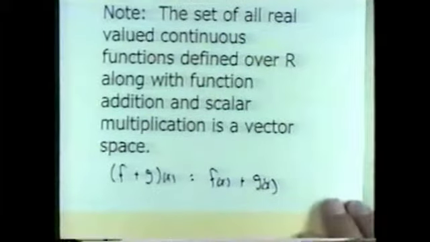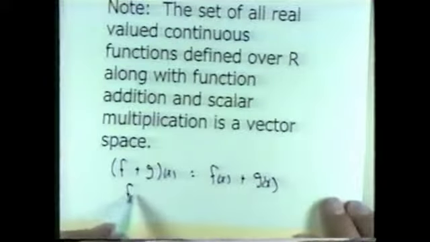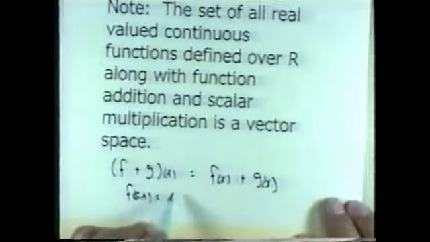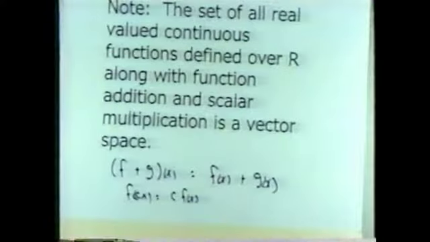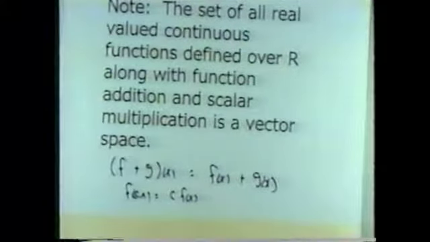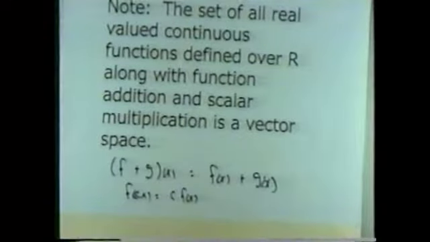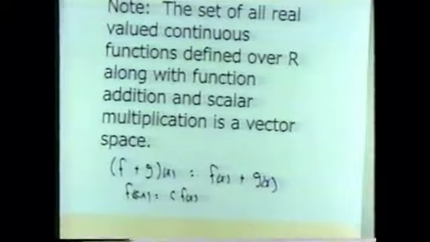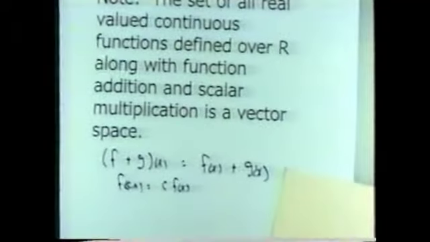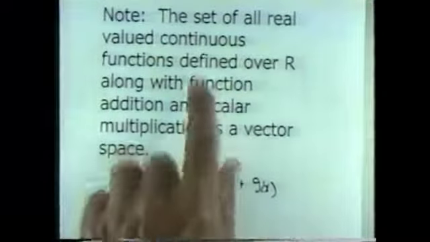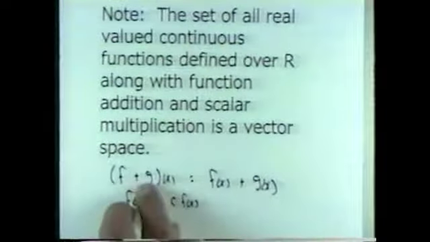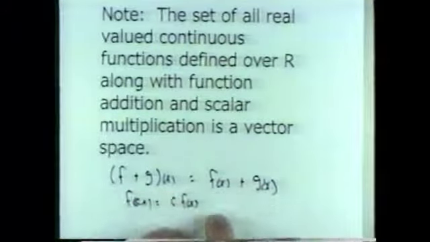There's function addition. And then (cf)(x) is c times f(x). That is your scalar multiplication. And you can go through and convince yourself that all 10 properties are true for the continuous functions with vector addition and scalar multiplication defined in this way.